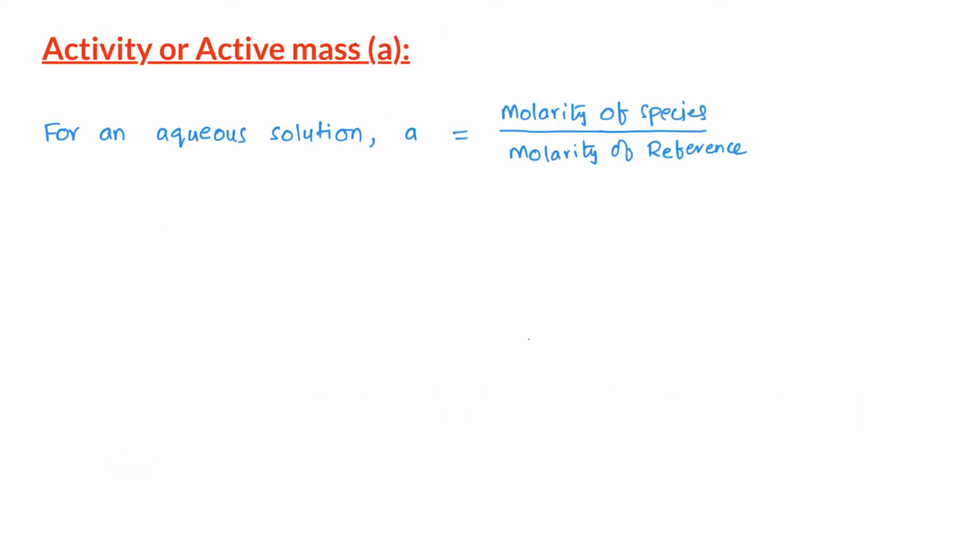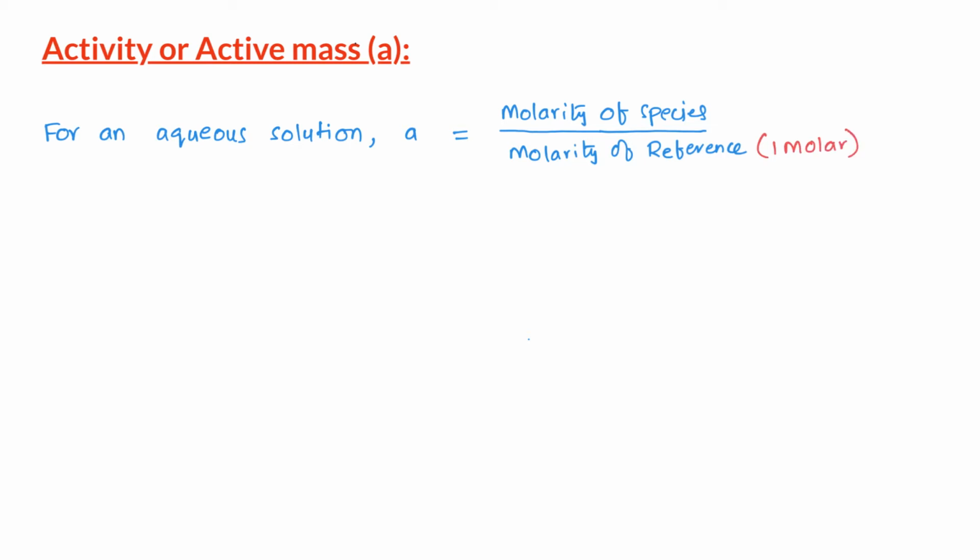So, what is activity or active mass? For an aqueous solution of reactants and products, the activity a is equal to the molarity of the species, that is reactant or product, divided by molarity of a reference solution. The molarity of a reference solution is taken as 1 molar.